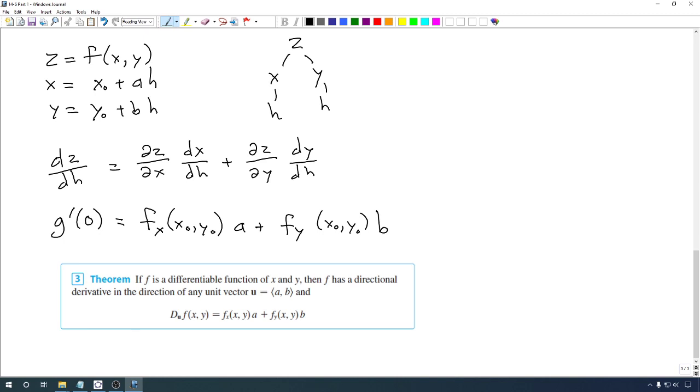The only times we would have to is if we don't have a differentiable function, in which case we could have derivatives in various directions and not every direction. In some ways, you can say a differentiable function is one where all of the directional derivatives exist.